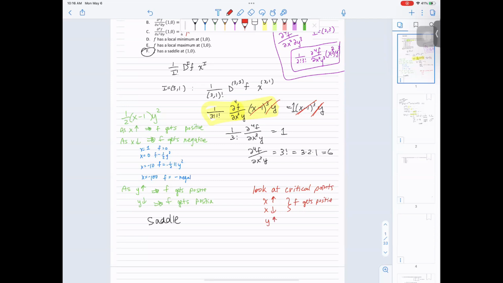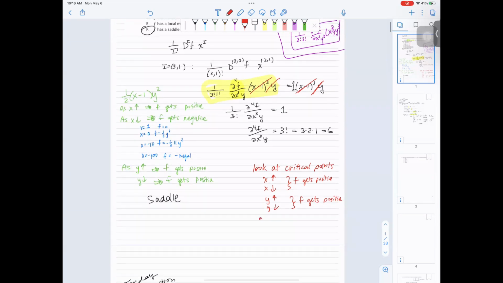And as y increases and y decreases, f also gets positive. Then you imagine that in all directions, f gets positive. No matter which way you turn, left or right, f keeps getting more positive, so f keeps increasing. And what does that behavior look like? If you're increasing on every single side, that looks like a minimum.